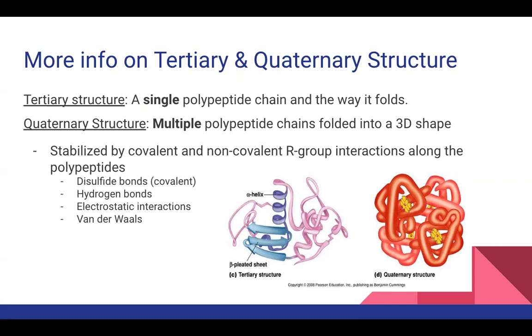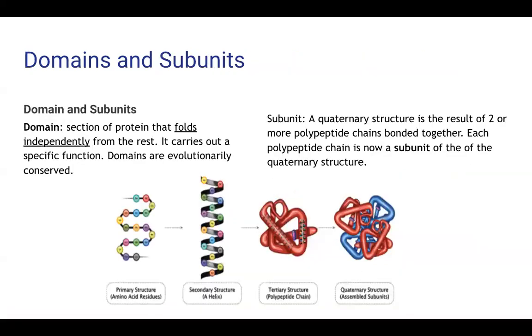Again, the interactions that take place include covalent and non-covalent bonds. The only covalent bonds that take place for these levels are the disulfide bonds or bridges. All the other interactions are non-covalent, so we have hydrogen bonds, electrostatic interactions such as ionic bonds, and van der Waals.